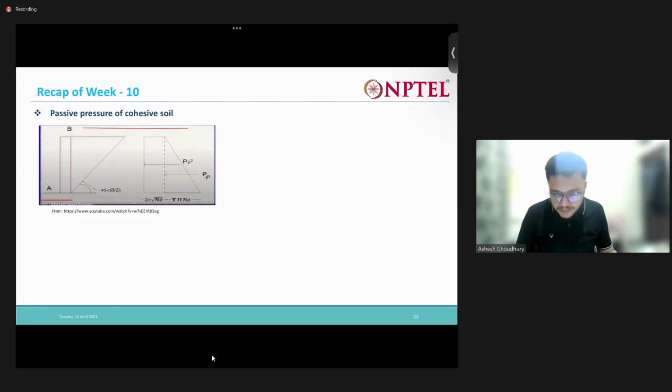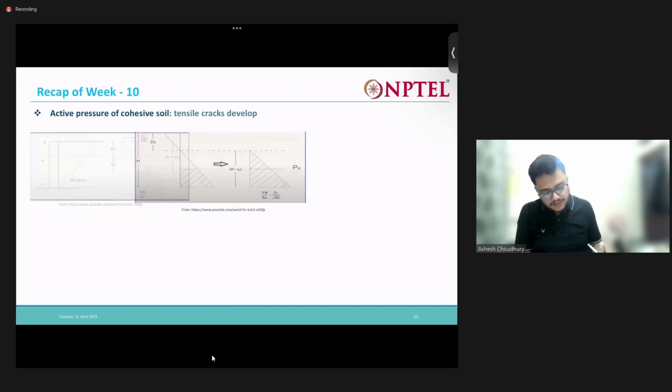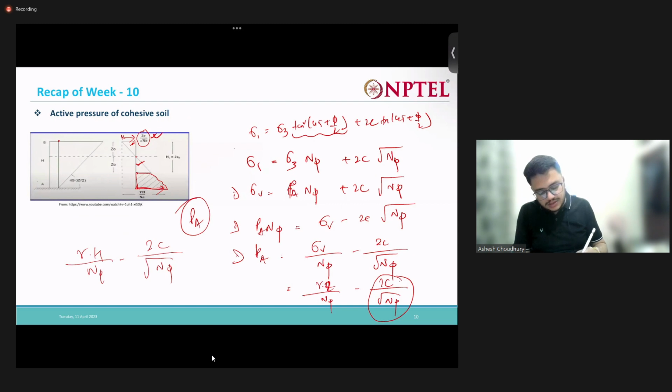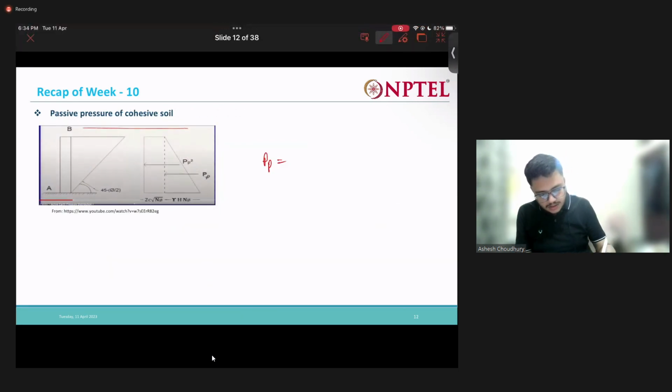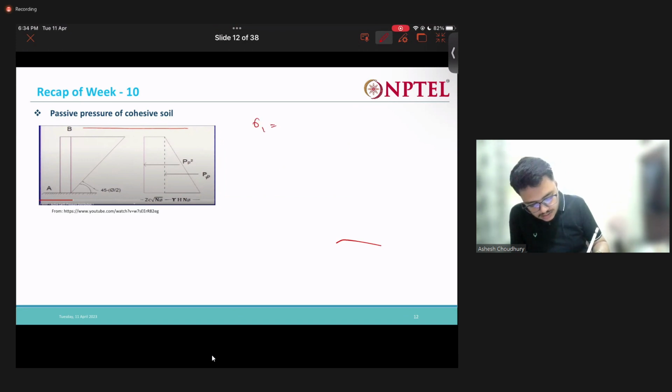Now in case of passive pressure, if you do the same operation for the passive case, let me do it once. Sigma 1 is equal to sigma 3 N phi.